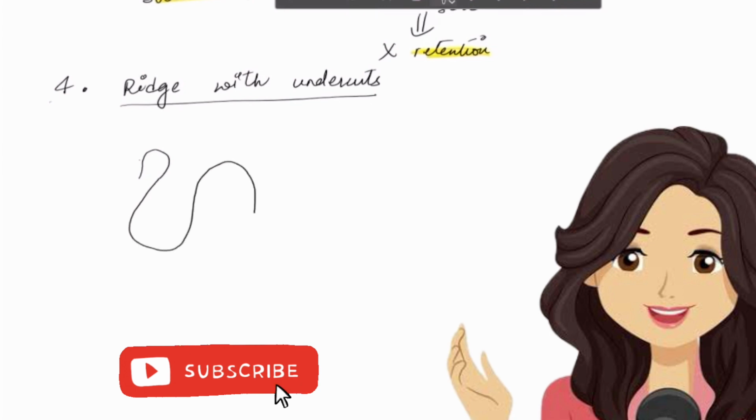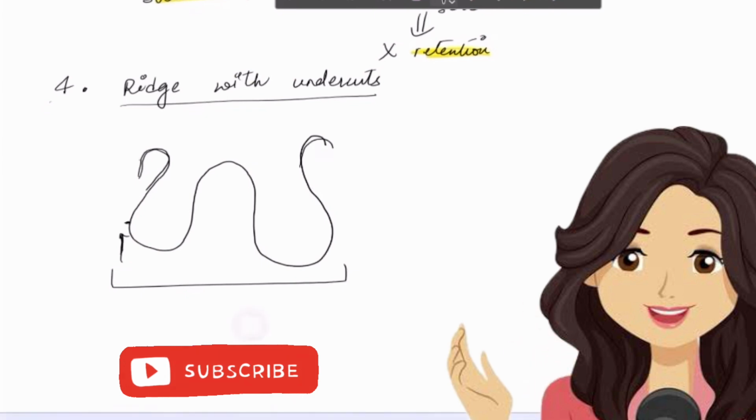So now I'm again exaggerating and drawing it for you to understand what exactly is a ridge with undercut. If a denture is present, this would be our path of insertion, and the first greatest curvature that it encounters is this particular region. It will hit at the greatest curvature and will enter into the sulcus.